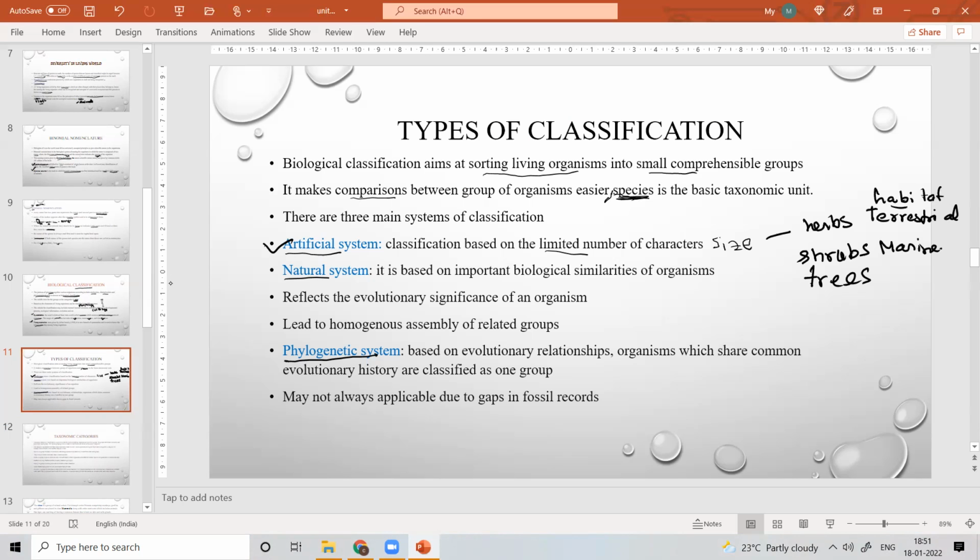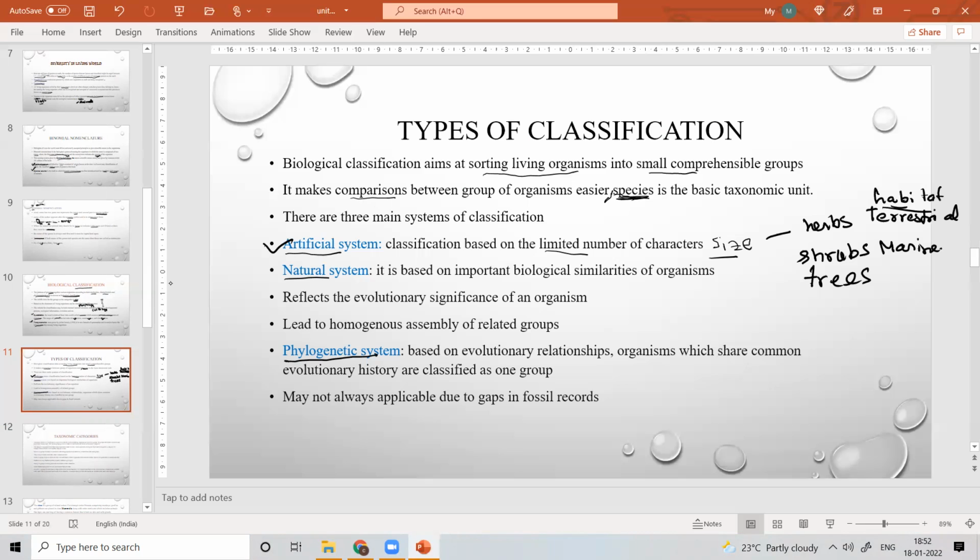So by using this artificial system of classification, only a limited number of characters will be considered to classify organisms, maybe size, maybe habitat. One or two characters are considered to classify entire living organisms.